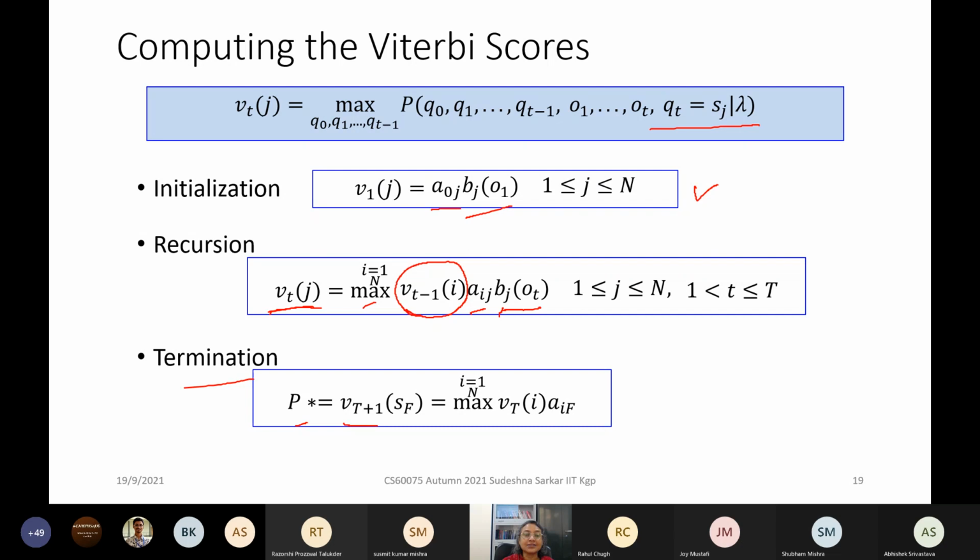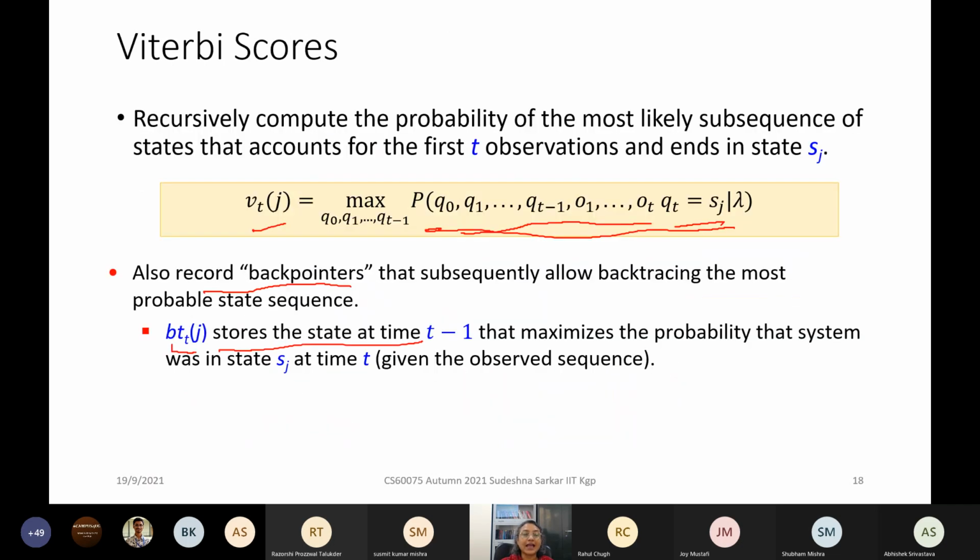And at that last column, I take the maximum over the values that I have got in the previous column. So capital T is the last word in the sentence, and we find out the max of all the cells in the last column. And after we have found that, then we use the back pointers that we have kept in order to find out the tag sequence.